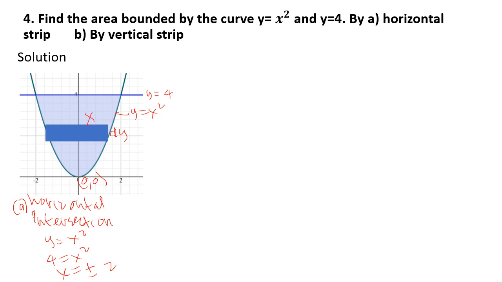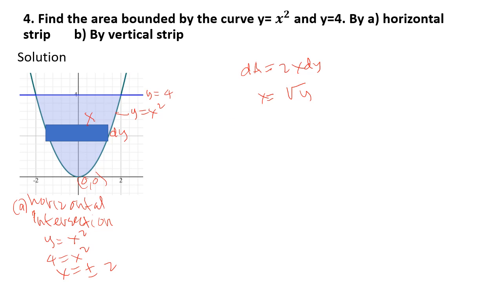So this one is by horizontal method. So dE equals 2x dy. Since symmetry, x equals the square root of y.